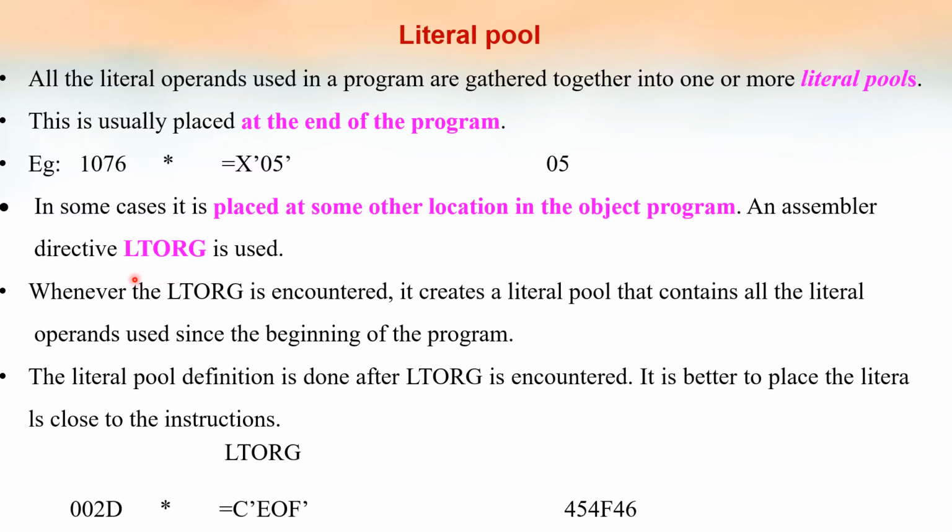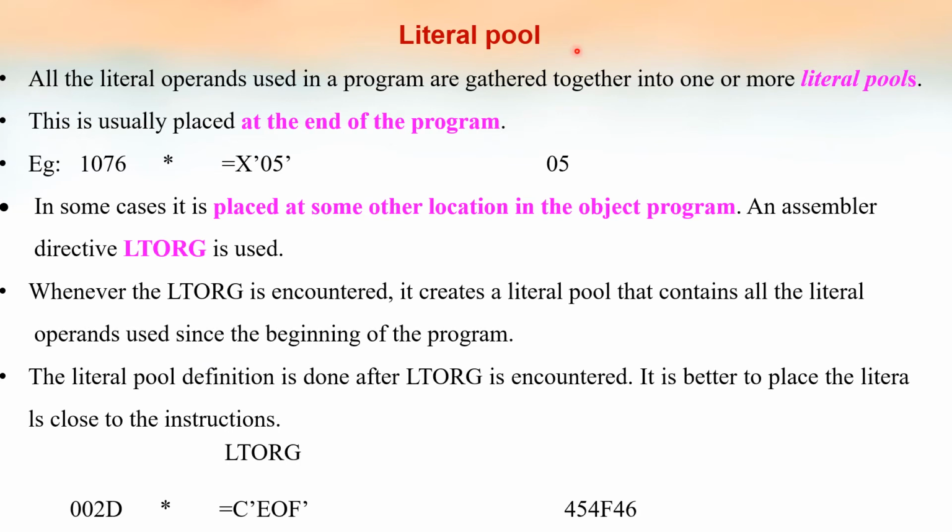Instead of that, we can place the literals, or the literal pool, somewhere else in the program. To do that, we have to use the assembler directive LTORG. This is important: the LTORG assembler directive is used to place the literals in some other location in the object program. Then we can give the literal definition. Whenever LTORG is encountered, it creates a literal pool that contains all the literal operands used since the beginning of the program.